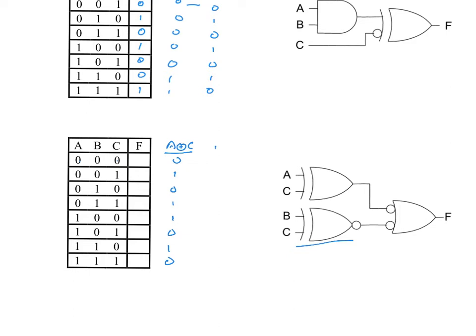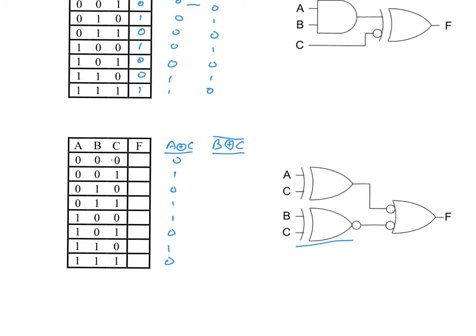And then here we're going to XOR, but then NOT it. So this is going to be A XOR, or no, I'm sorry, B XOR C, and then we're going to NOT those together. So this is going to be B XNOR C. So again, these are going to be 1 if they're the same and 0 if they're different.